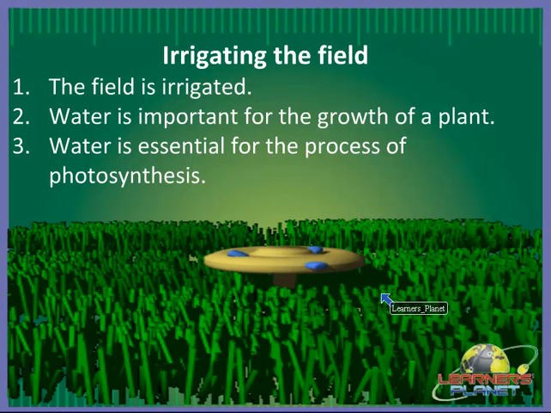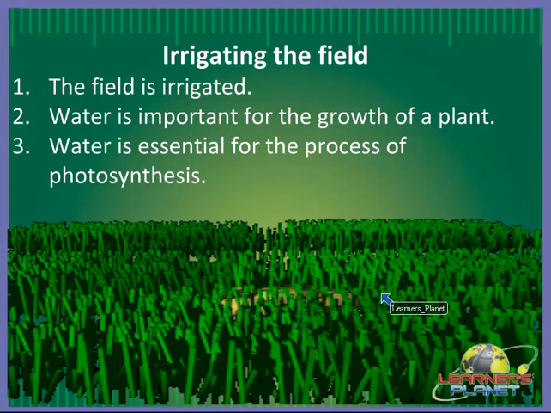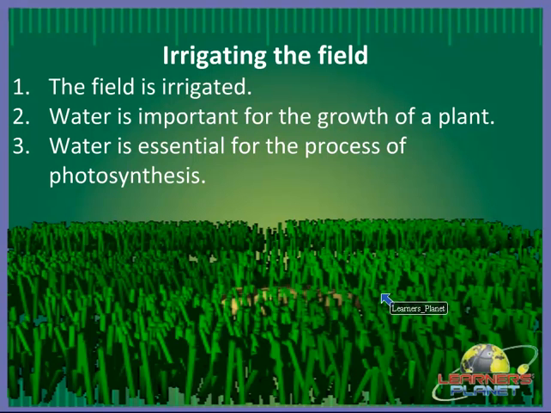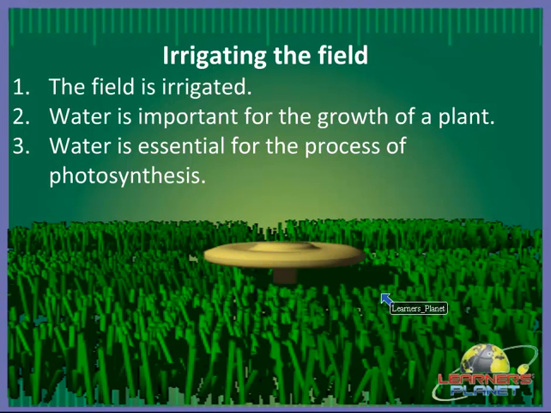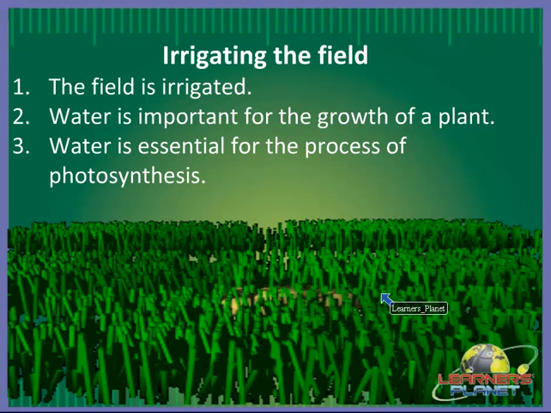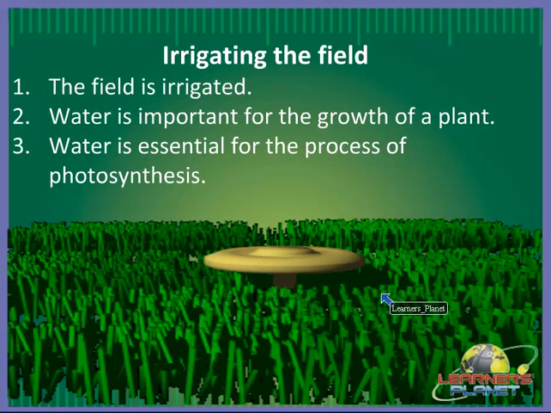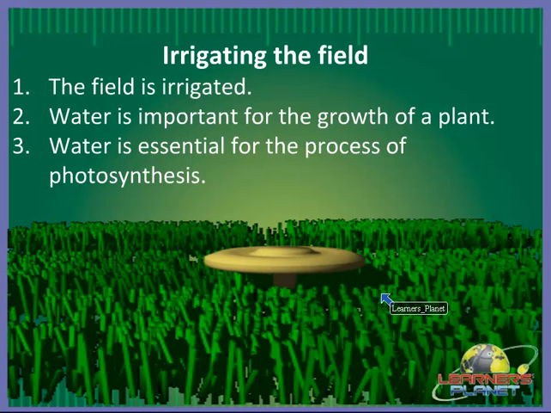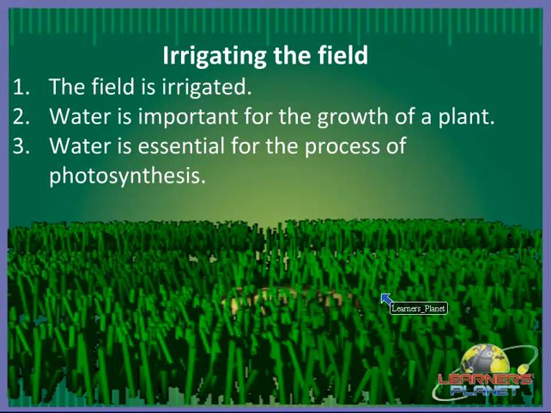Children, we discussed this before that all plants need factors like water, air, warmth and nutrients to grow, right? Warmth from the sun, right? So water is one of the very important factors for the growth of a plant, right? So we should provide water for the growth of a plant.